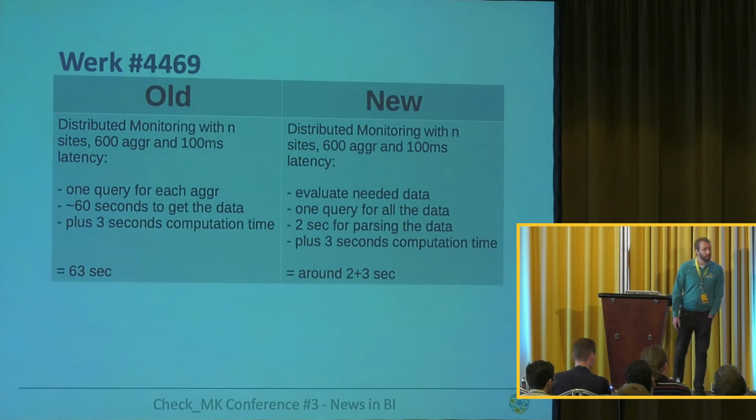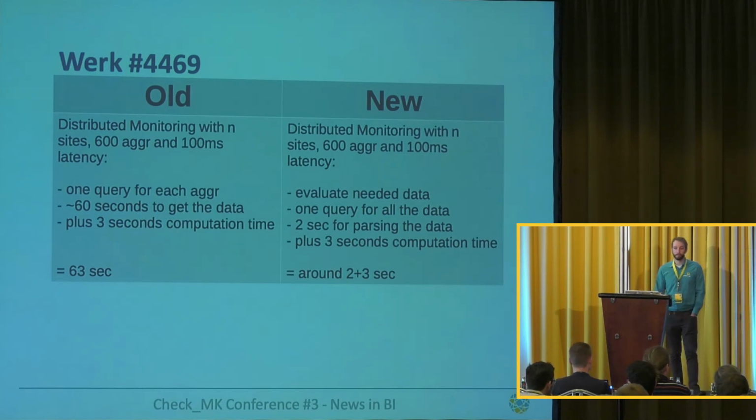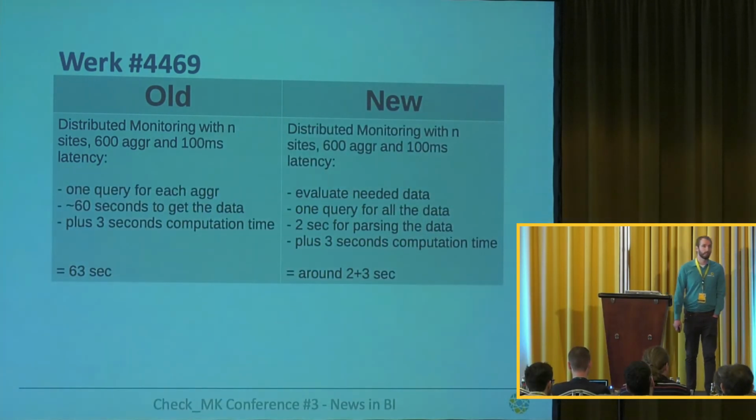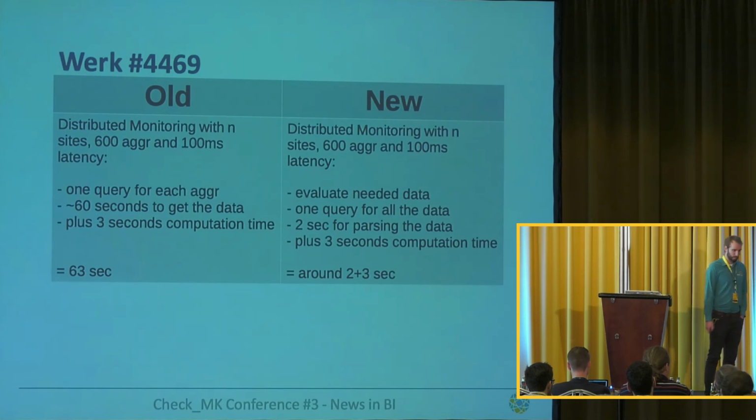And then what's very, very new, the new work 4469, and that is the distributed monitoring. So I have an extreme example here again on purpose, just so you can really see what we've changed right here and how well it is working now. So we have a setup with N sites. We have 600 aggregations and 100 milliseconds latency.